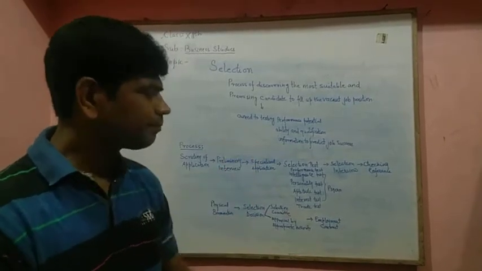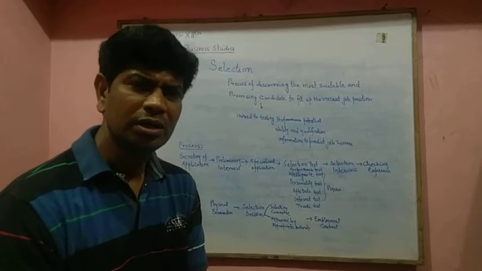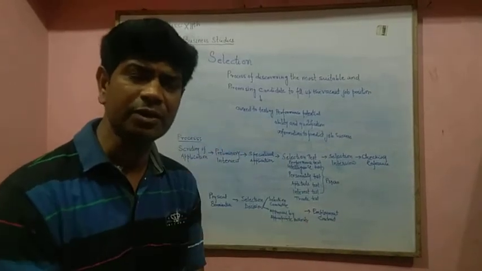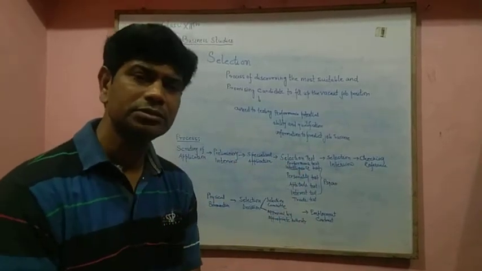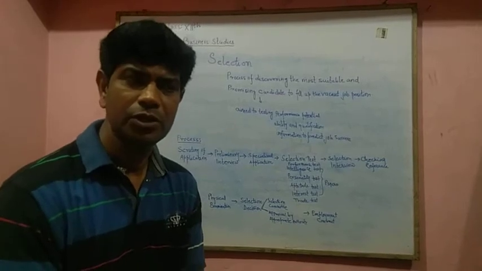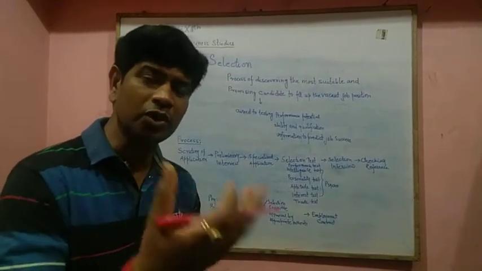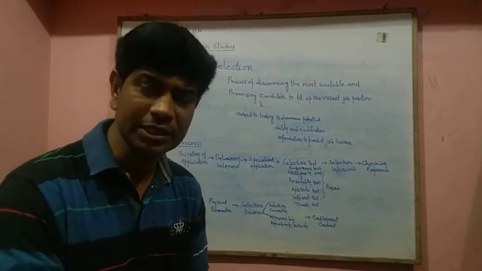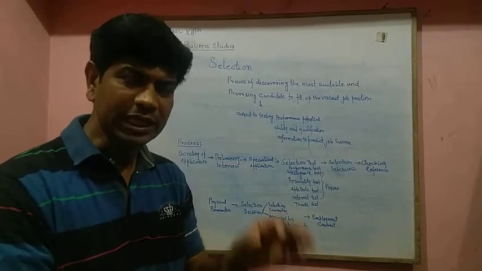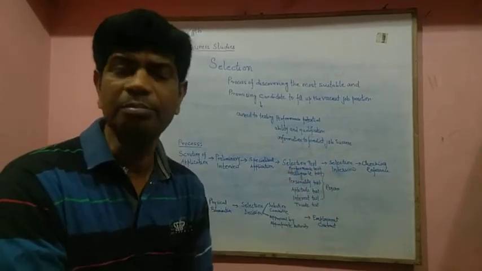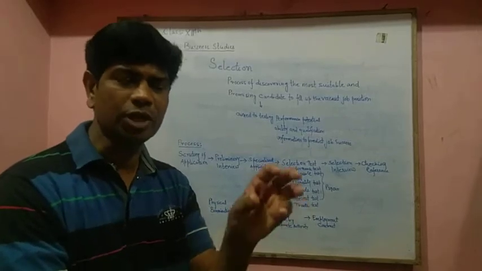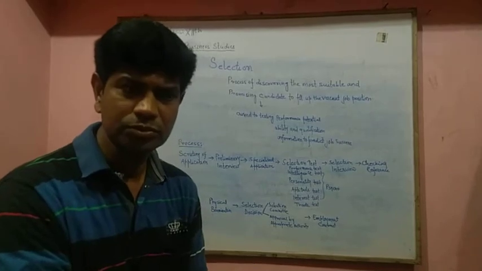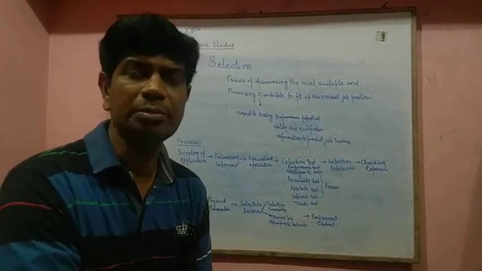And finally, beside the information contained in an application, there is various information which has not been provided by the applicants. So we also aim at eliciting that information which will help us to predict what would be the level of success of such an employee in the particular job position. So with these three basic aims, an organization carries out the process of selection.